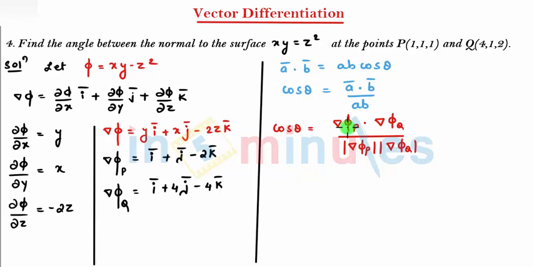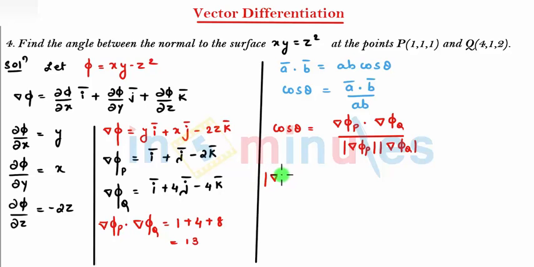Let's find the dot product of both. The dot product of del phi P and del phi Q is given by 1 plus 4 plus 8, so that comes to 13. I also need the magnitudes.